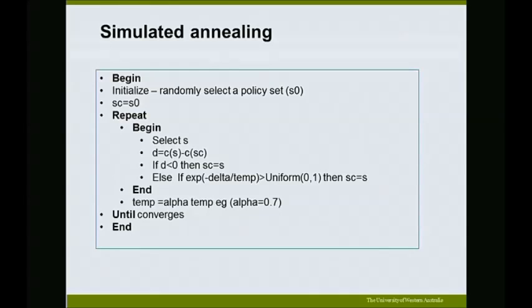But occasionally, if a policy gives a slightly higher cost, then it might also be accepted. And the reason that simulated annealing does that is it prevents the solution getting stuck in local optima, locally optimal solutions, which are not globally optimal.